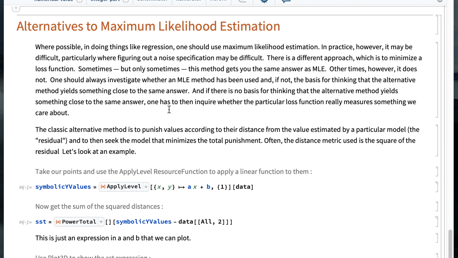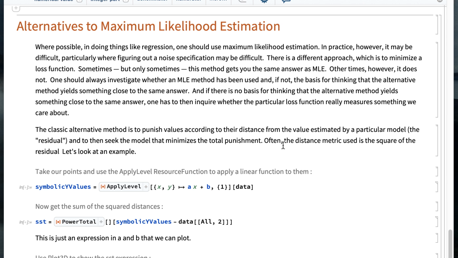Now, a classic method is to punish values according to their distance from the value estimated by a model. That is, we're going to compute the true value, and we're going to compute what our model says, and we're going to compute the distance between those two.